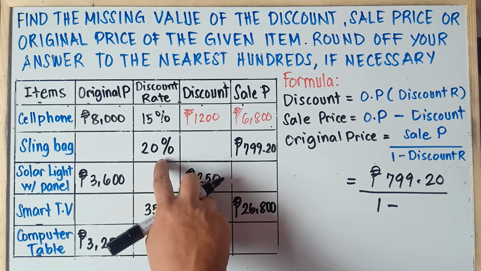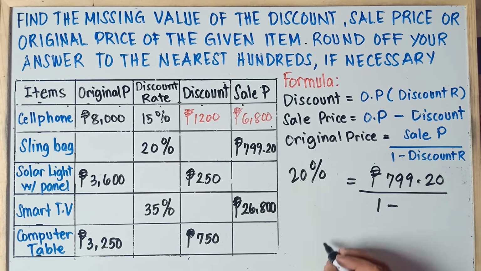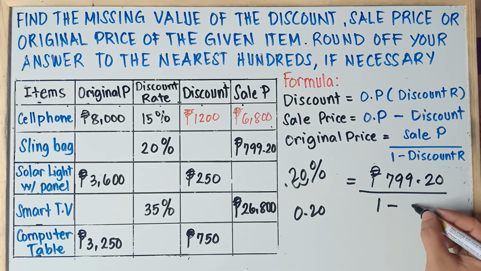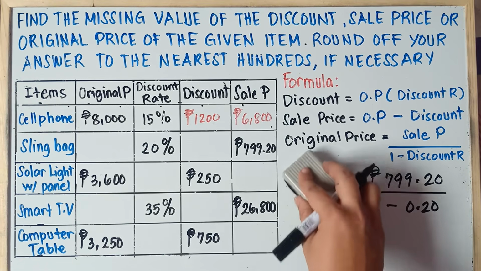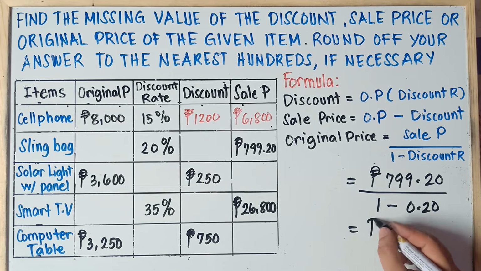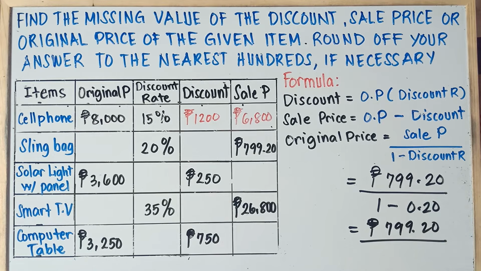Once again, convert this one into decimal. 20% converted to decimal will be 0.20. Alright, so this will be 799.20 divided by 1 minus 0.20, that would be 0.80.